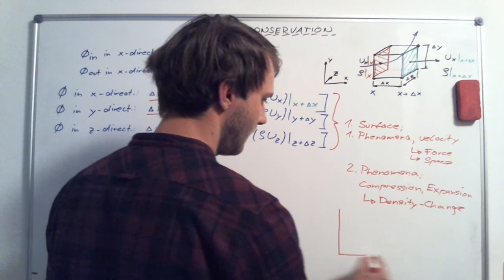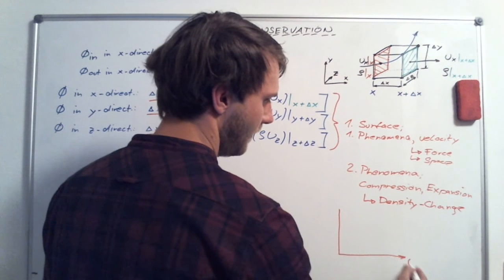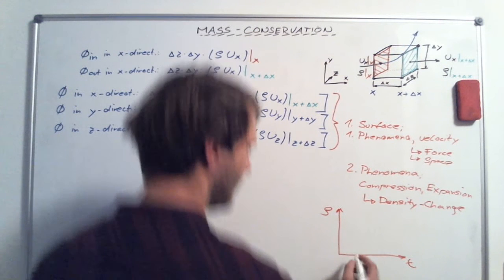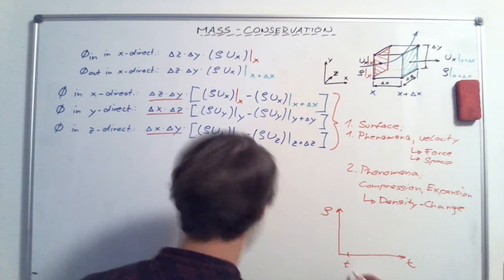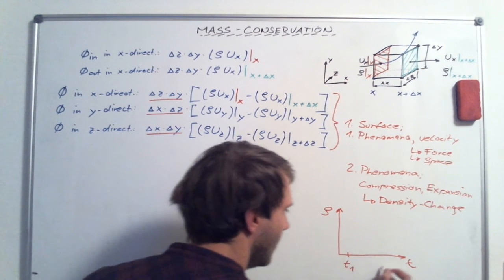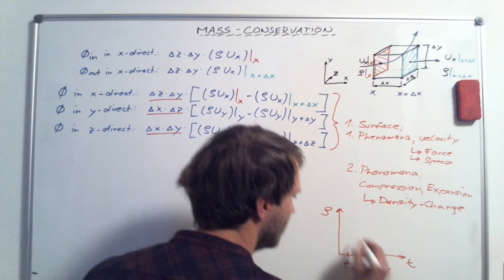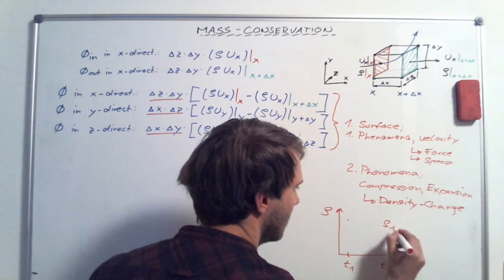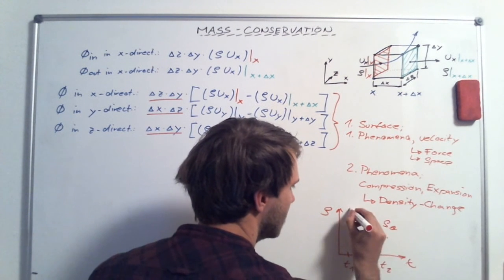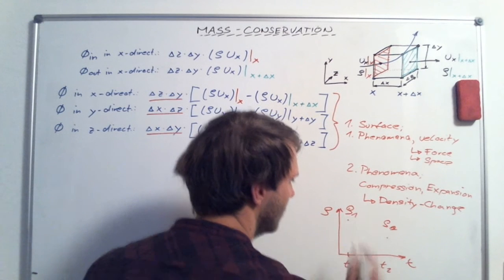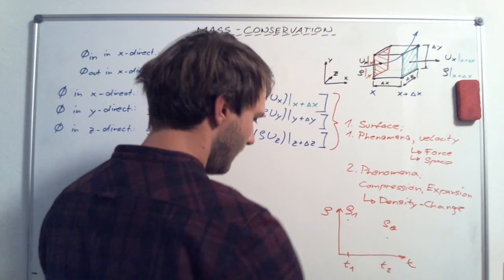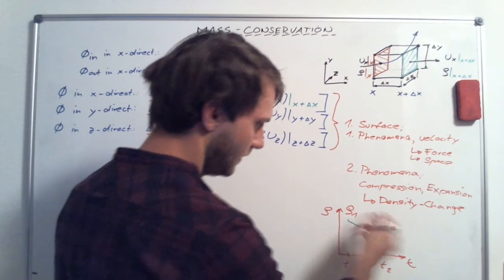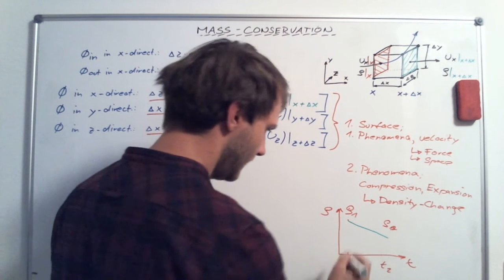That means we have here the timeline and here the density. For example, we have here t is 1 and t is 2. We have two different densities, density 2 and density 1, and the function could look somehow else.